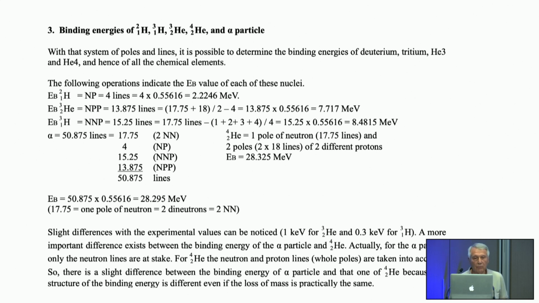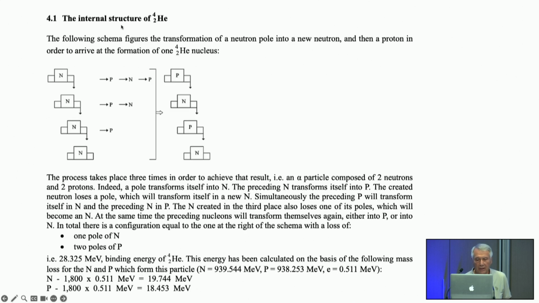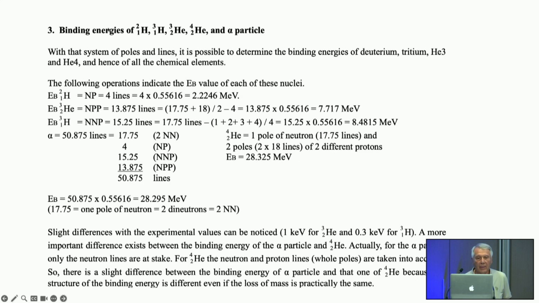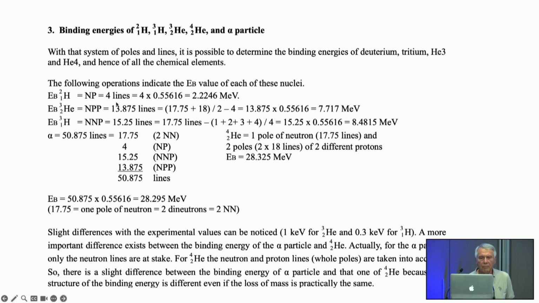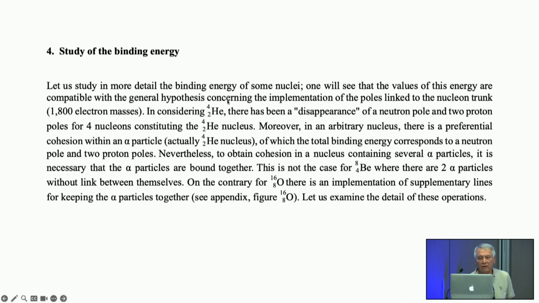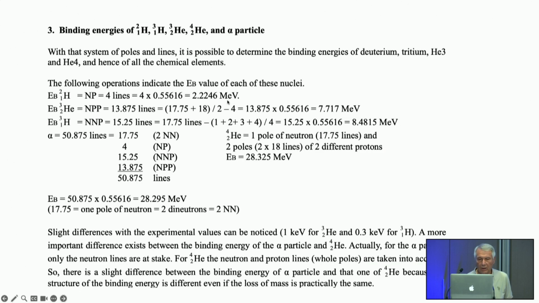First of all, we can determine with this system of lines and poles the binding energy of deuterium. I call it NP, which is equal to 4 lines, because one line has a mass equal to that. And this is the number we know, 2.2246 MeV.